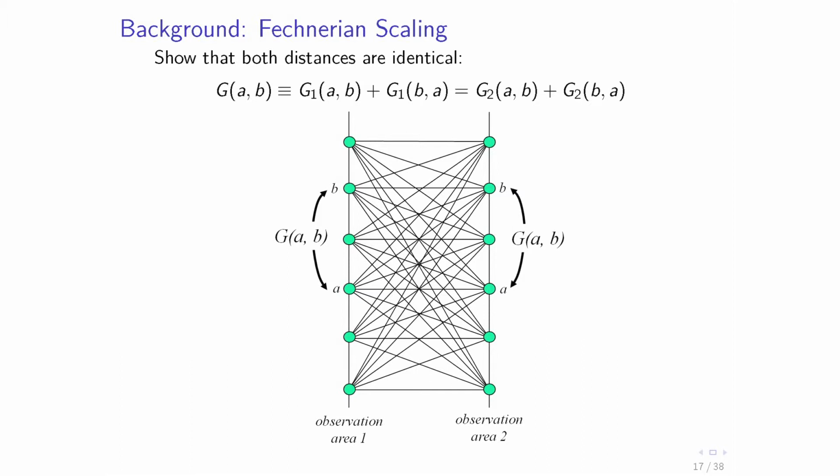So it doesn't matter whether we do it in the first or in the second observation area. And so we have a unique definition of the distance between A and B.